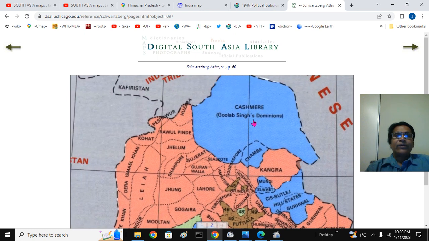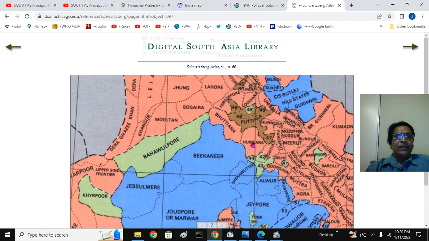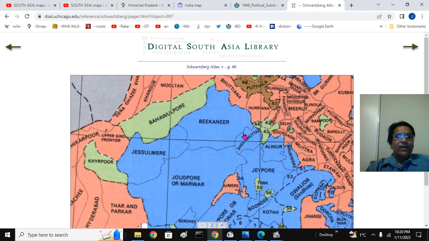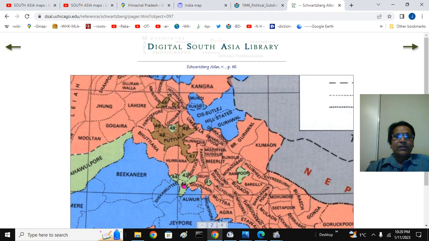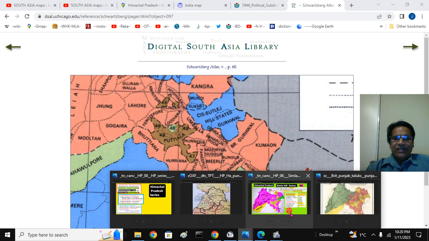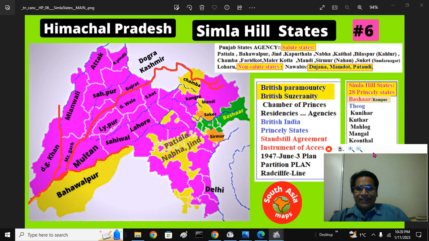This is the Gulab Singh Dogras Kashmir. This is around about 1857 or so. So it looks a little different. Bahawalpur princely state. This is in Sindh province, Khairpur and so on. And this is the southern part, Patiala and Nabha and Jind and so on, Loharu and so on. So that is in a sense about the fascinating Simla Hill States.